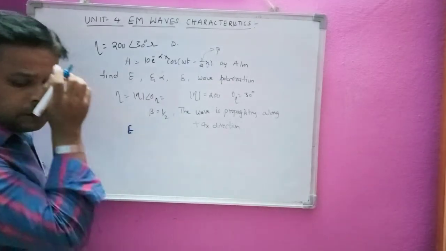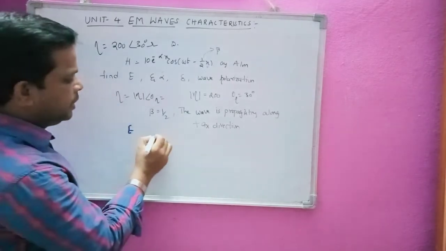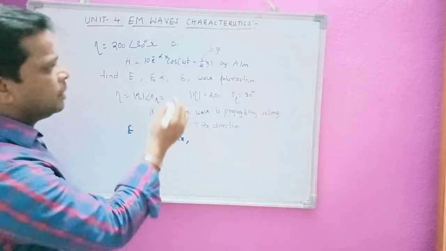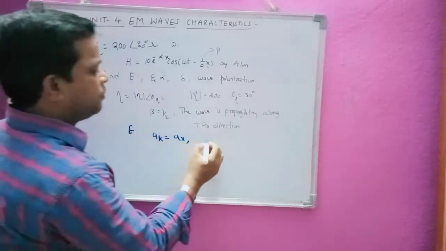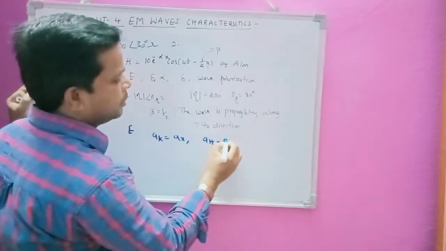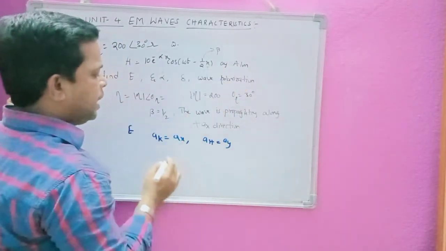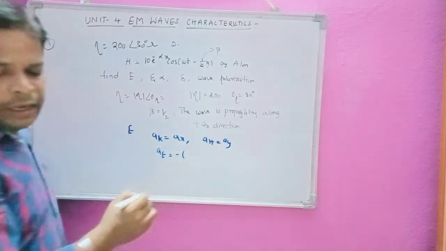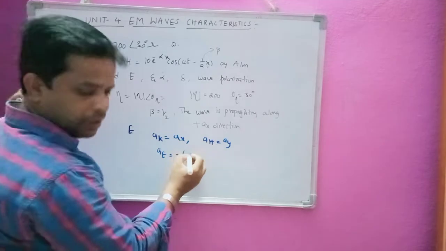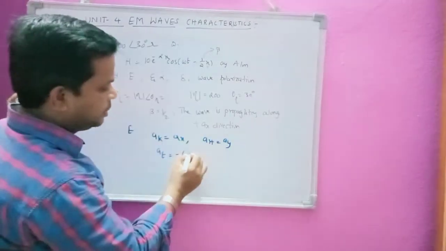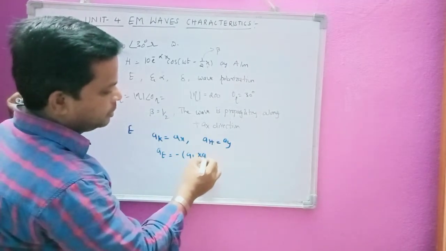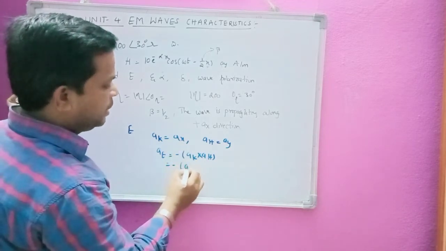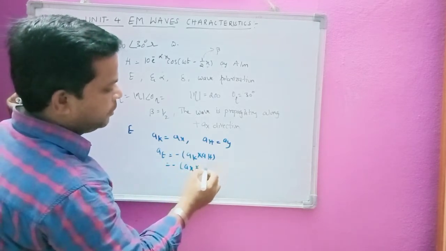Here aK, the direction of propagation, is aX, and the magnetic field aH is in the aY direction, and we have to calculate aE. aE is given as minus of aK cross aH, minus of aK cross aH. We need to cross here. aK is given as aX cross aY.